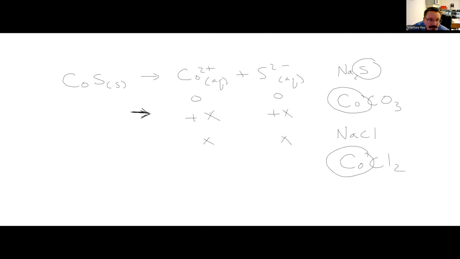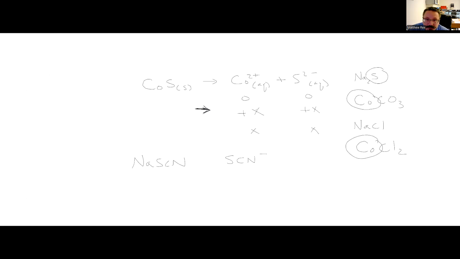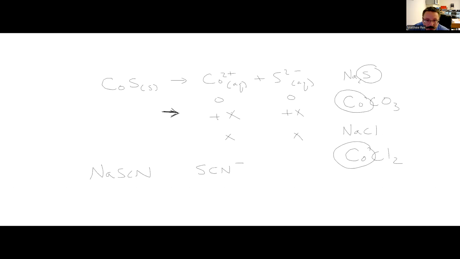But the sodium cyanide, or thiocyanate, sorry, has the thiocyanate ion present. And if you look, there is a K sub F, a formation constant, for cobalt tetrathiocyanate.